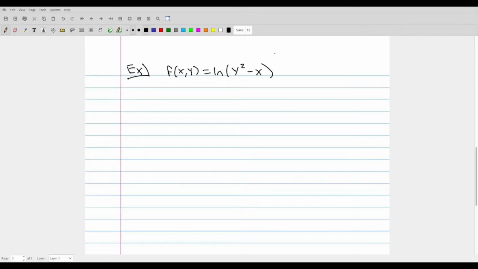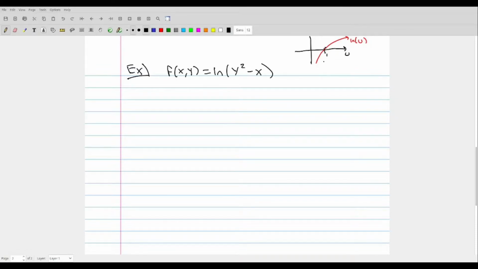It's not possible to take the natural log of a negative number, for instance, because of the natural logarithm function, if you graph it out, ln of u, say, where this axis is the u-axis. This is the function natural log of u.